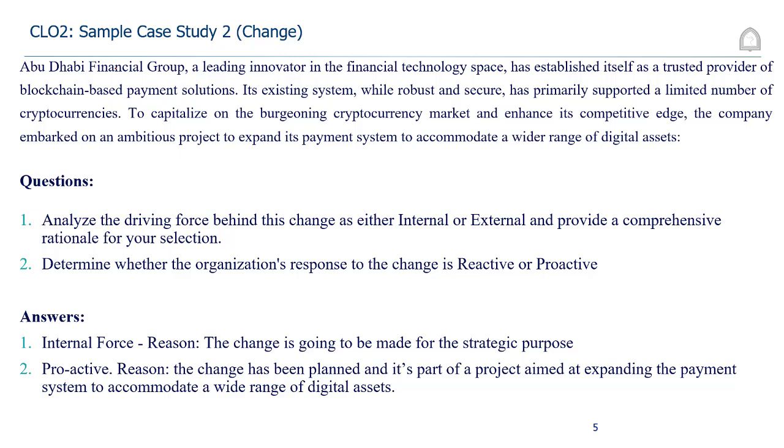So you need to have a knowledge of what kind of changes there are and how you react to those changes. Now, there are two kinds of changes. We've got the internal, which can be motivated internally.